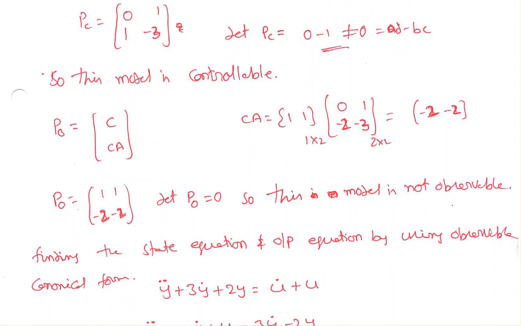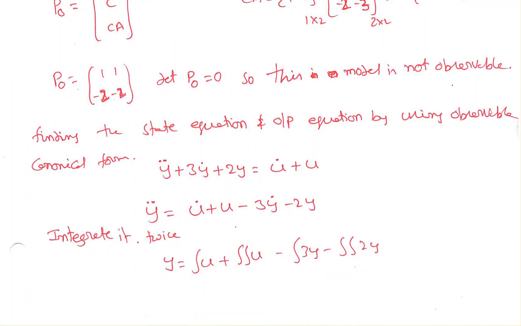CA I found equal to minus 2 minus 2, so the determinant of P naught equals 0. So this model is not observable, but sometimes it might be observable. If we solve a problem by using the controllable canonical form, it is definitely controllable, but we don't know whether it is observable or not. In this particular example, it ended up not observable.